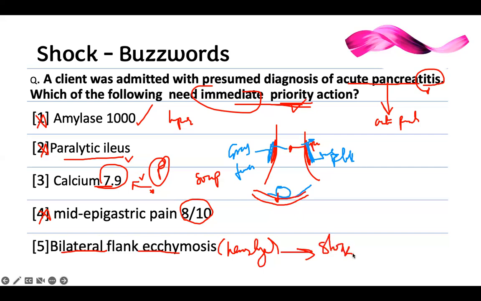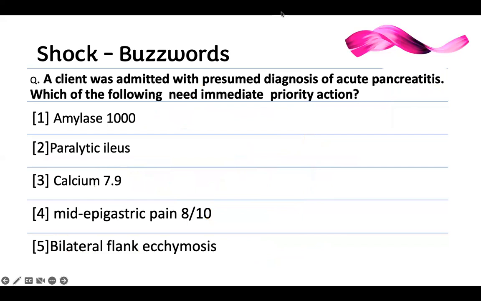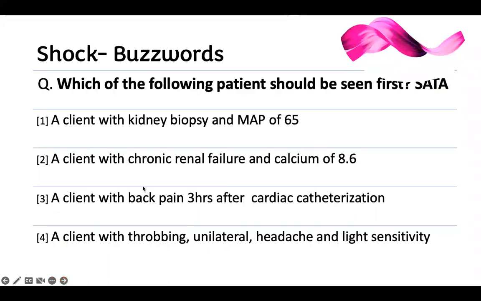So we find one B-sharp and we have to hold on to that. Initially, we found calcium, an electrolyte. We held on to that, but then we find a better one, which is hemorrhage. So I'm keeping this one. That's the right answer. You see how you can analyze the question. You keep on going and then you find the right one. You find something on the B-sharp, no matter what.